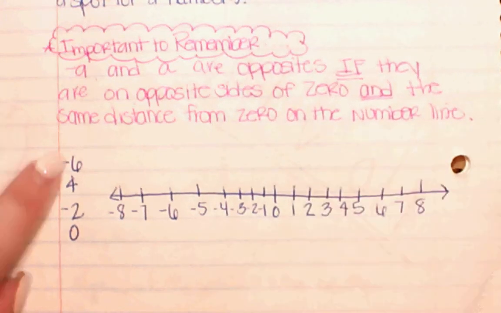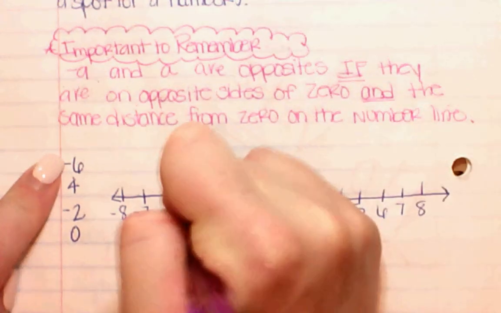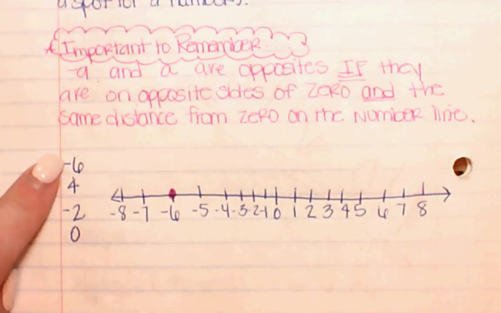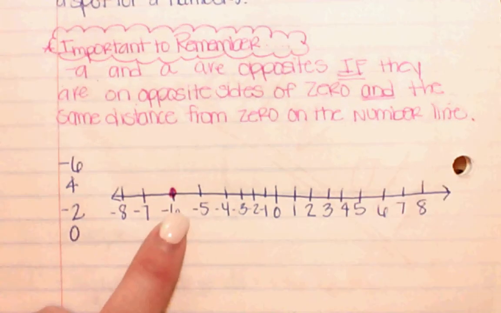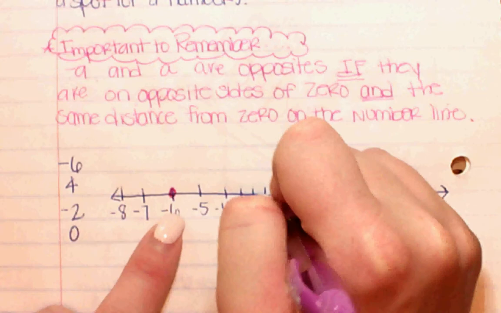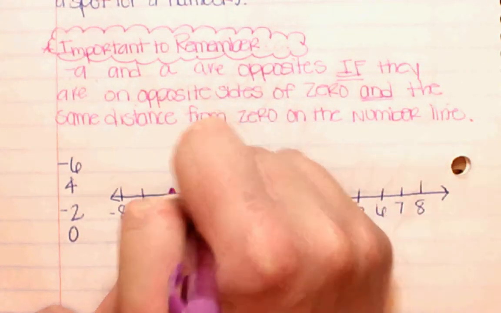So I'm going to plot the point that I'm given and then find its opposite. So I'm at -6 here. I'm going to find the opposite by counting how many spaces -6 is from 0. So 0 is right here. I'm going to count by jumps: 1, 2, 3, 4, 5, 6 units.